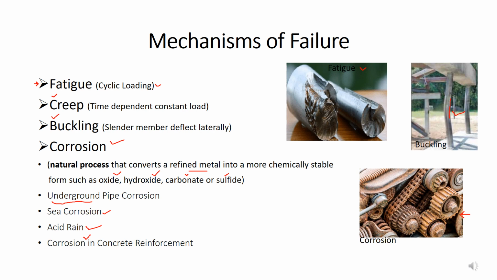Here this figure shows the failure of a component when it is subjected to fatigue. This one shows buckling, and here it is shown for corrosion. So I hope you have got an understanding of the mechanisms from which a crack arises, and if it is not taken care of, then it can lead to a catastrophic failure. Thank you.